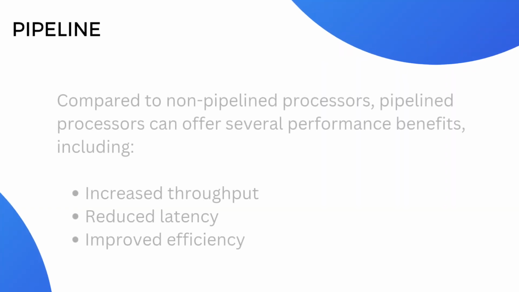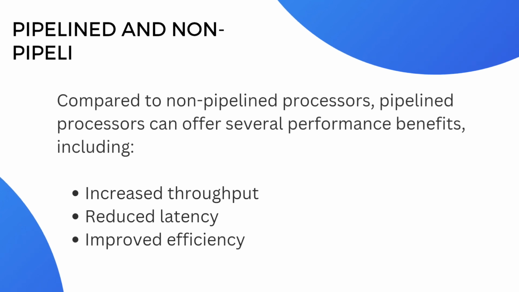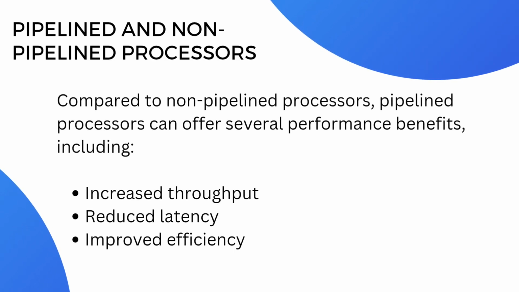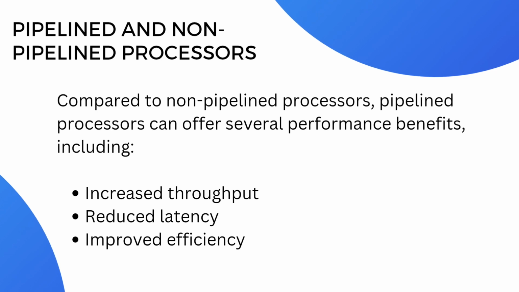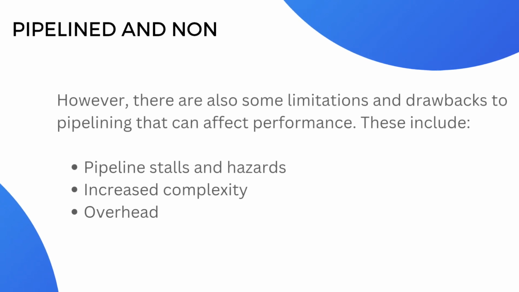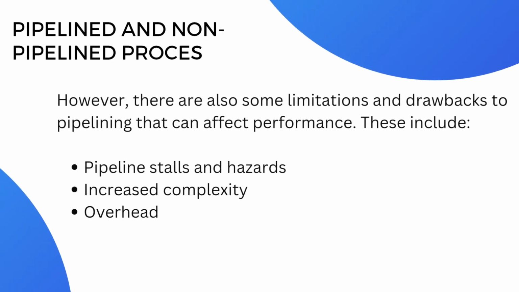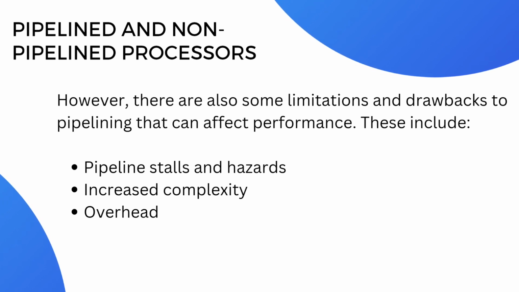Hello everyone, myself Anubhav Pandey, and I am here to explain pipeline and non-pipeline processors. Compared to non-pipeline processors, pipeline processors can offer several performance benefits including increased throughput, reduced latency and improved efficiency. However, there are also some limitations and drawbacks to pipelining that can affect performance. These include pipeline stalls and hazards, increased complexity and overhead.